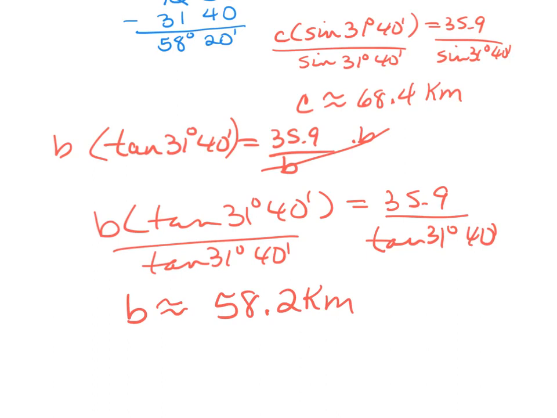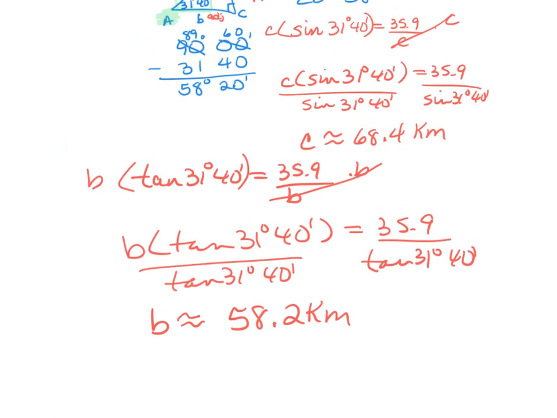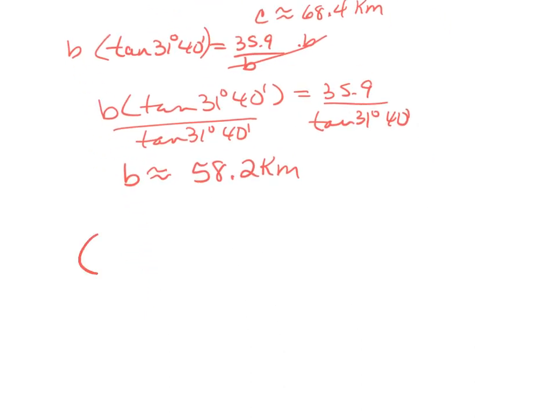Now, you could go back and do the Pythagorean theorem, double check, and make sure that a squared plus b squared equals c squared. What you could do here is open parentheses, 35.9, close parentheses, divided by parentheses, tangent, and then it's going to open up.